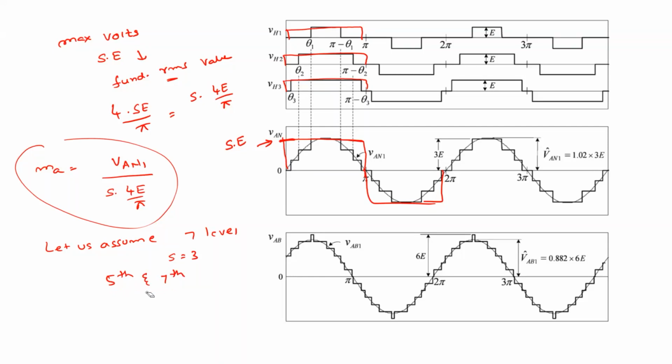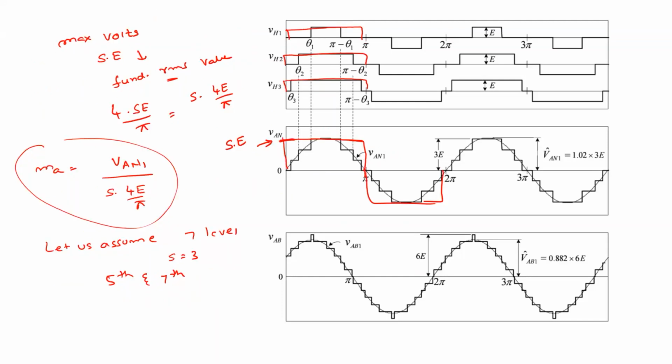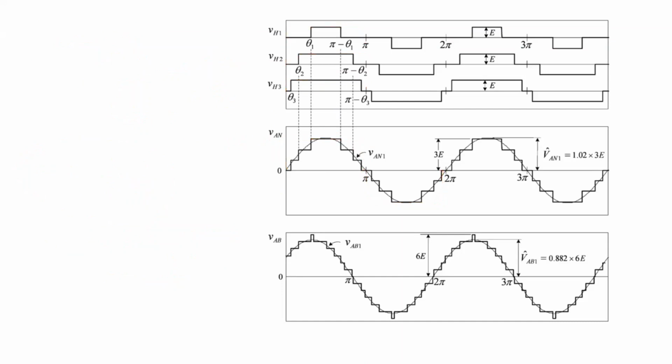So the next step is we need to produce the equations from this formula. This is the basic formula, 4E by n pi, sigma n equal to 1, 3, 5, cos n theta, and so on. If you want to eliminate the 5th order harmonic and 7th order harmonic, what is the first equation?